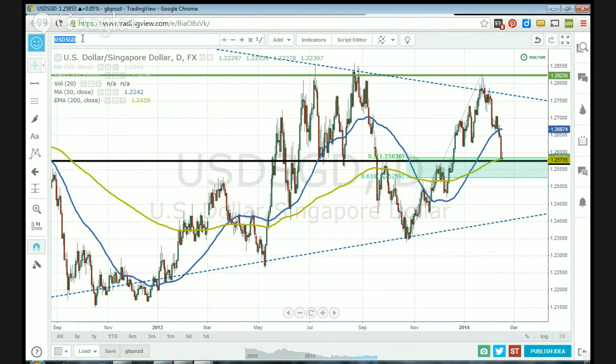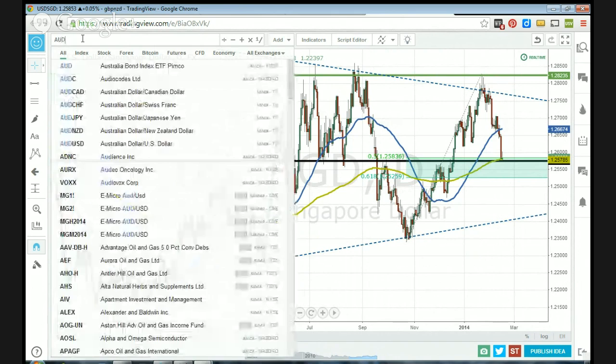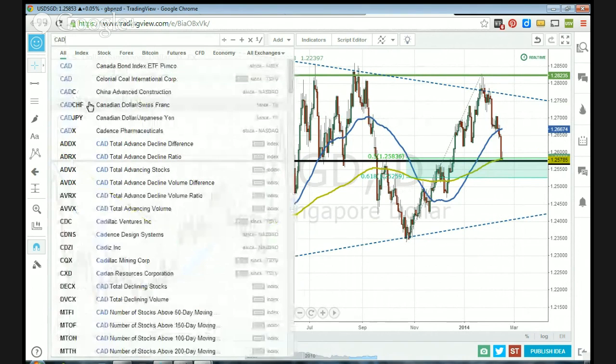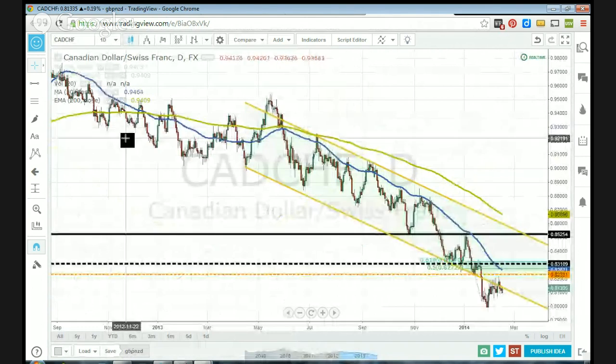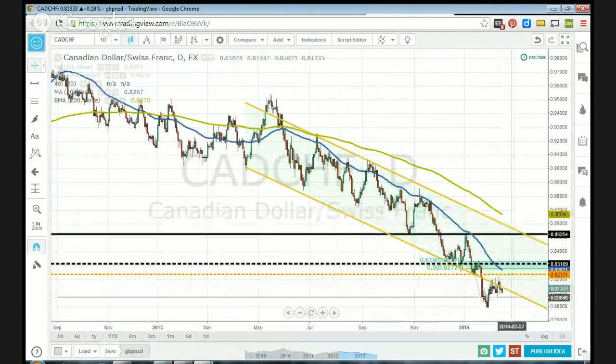Now let's go to Aussie dollar. Oh no, Canadian dollar. Canada Swiss. This is similar to Euro Canada, right? So just like we saw, break out of the channel, tested it. Now going back down. If we can go back to this level here, we can go to this orange line too.